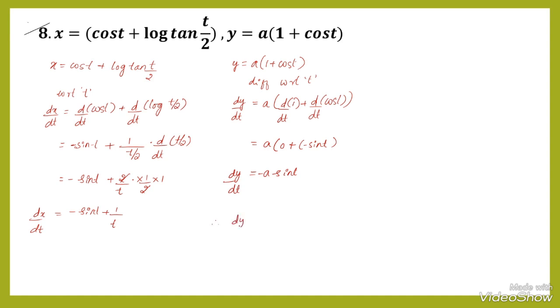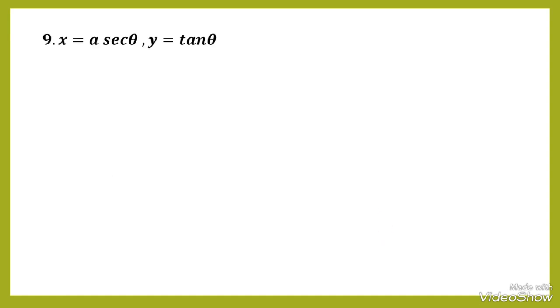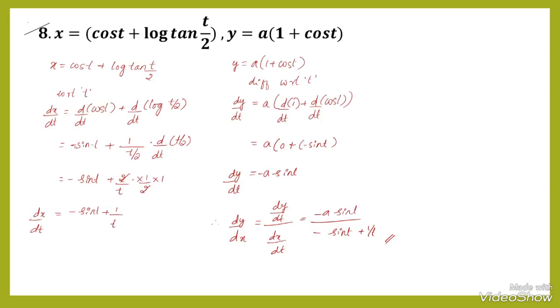Therefore dy by dx is equal to dy by dt divided by dx by dt. It becomes minus a sin t divided by minus sin t plus 1. This is the solution of the given problem.